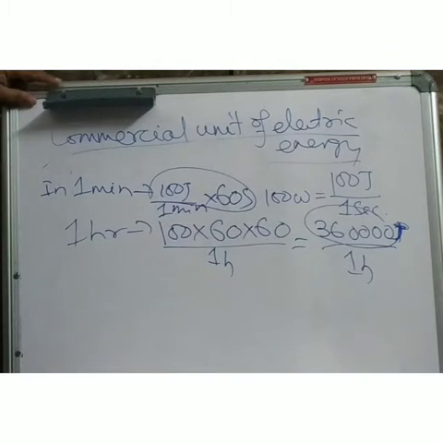Now, suppose you are using this bulb at home, not for 1 hour definitely. Suppose we are using it for 10 hours per day. How much energy is this bulb consuming in 10 hours?